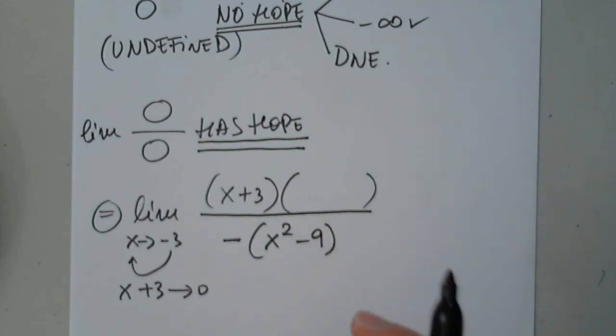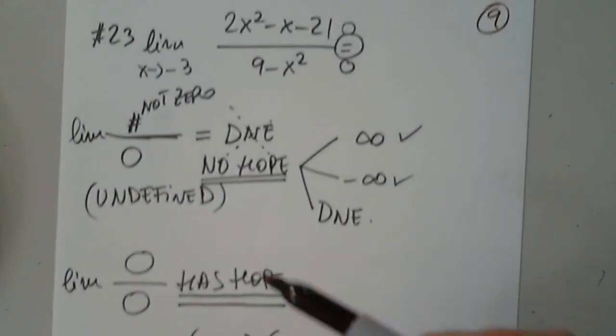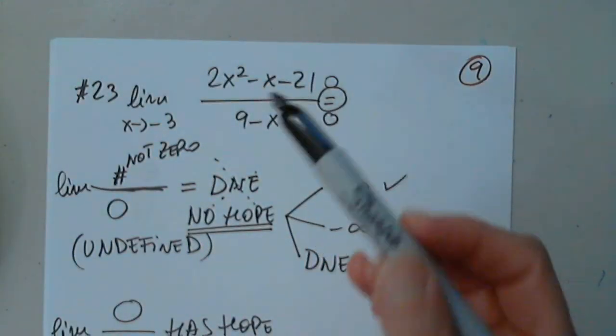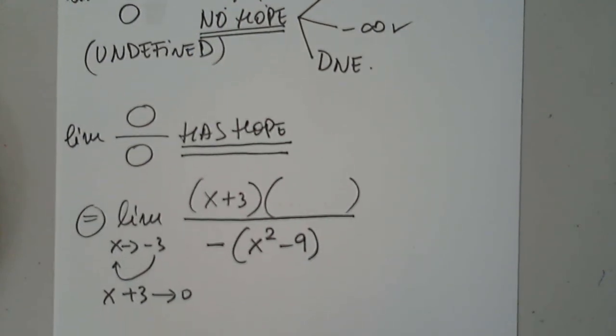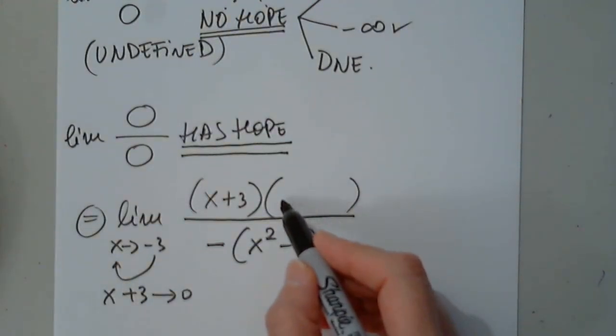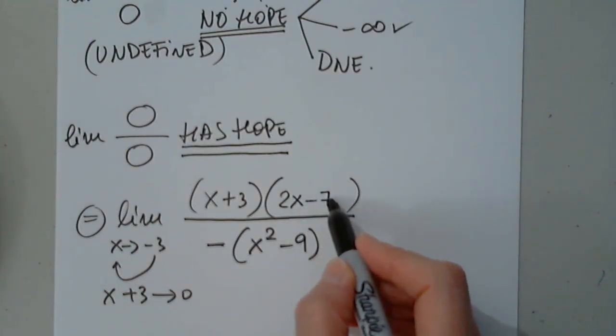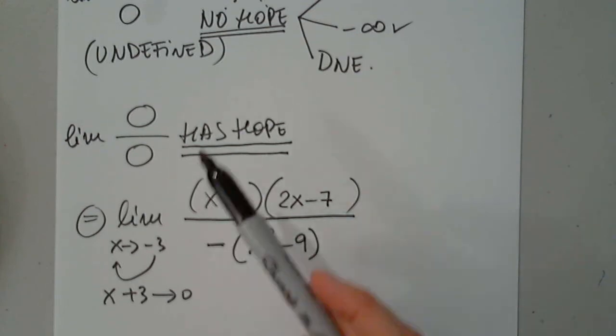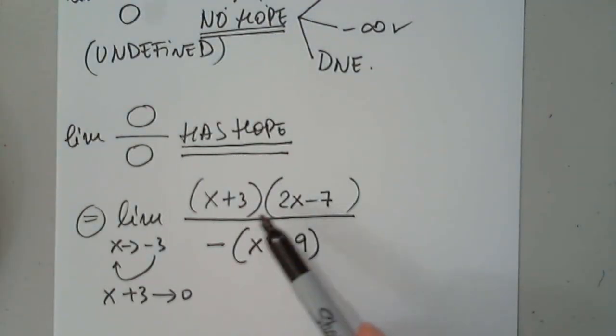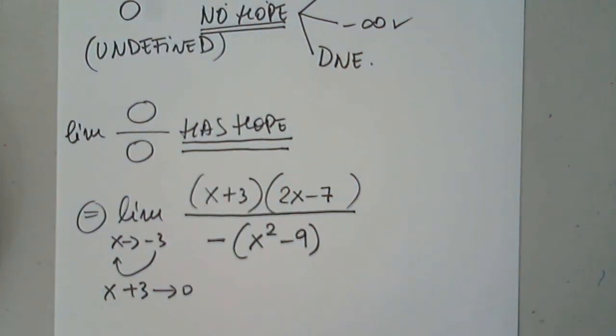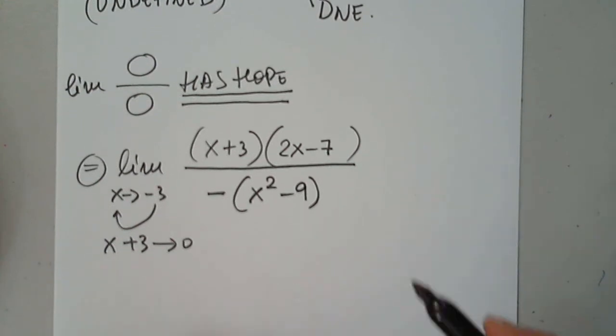Can anyone give us the other factor that makes 2x squared minus x minus 21? And it has to be 2x minus 7, right? Let's check. 2x squared, 6 minus 7, -1, and -21.